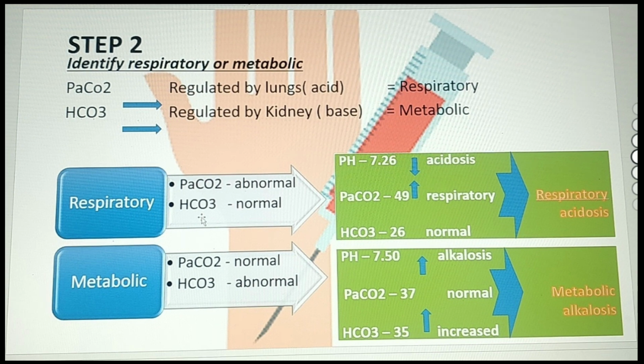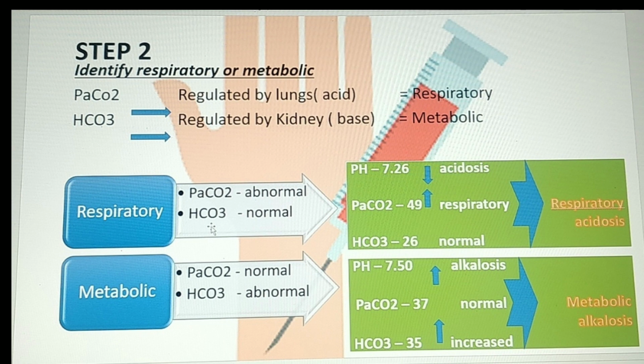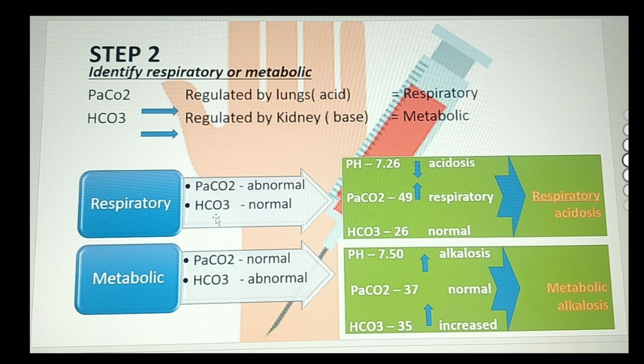Next we can see another example for metabolic, just opposite. pH is 7.50, that is more than normal, so it is coming in alkalosis side, and PaCO2, carbon dioxide, is 37, within normal limit, and HCO3 is 35, which is increased.